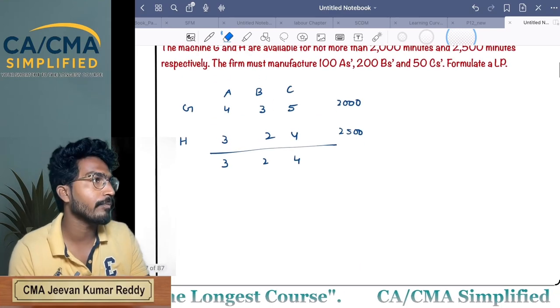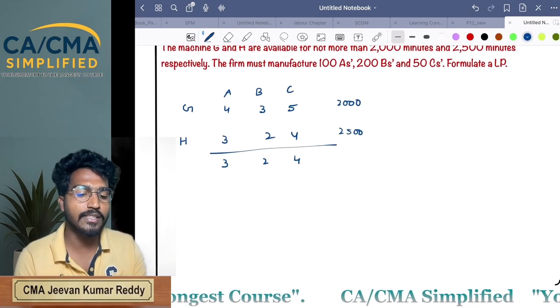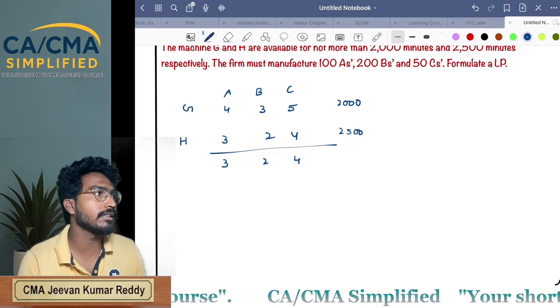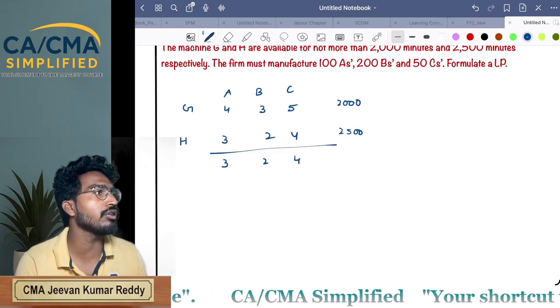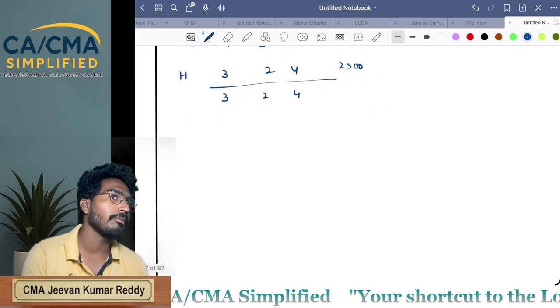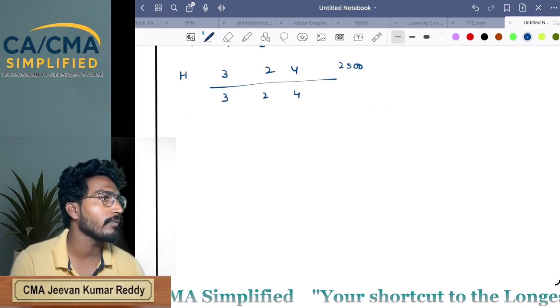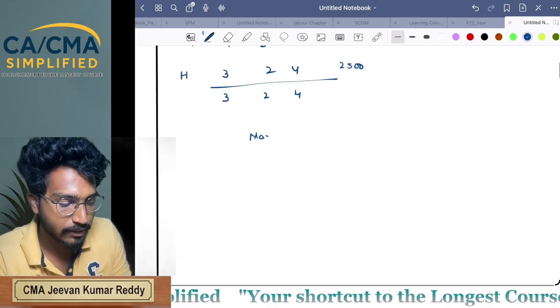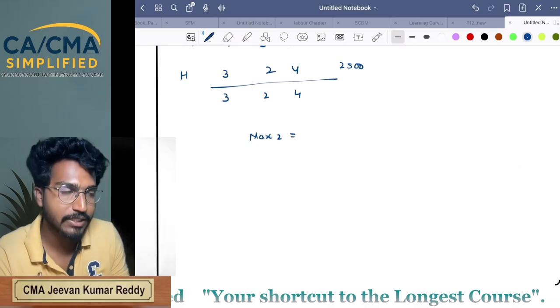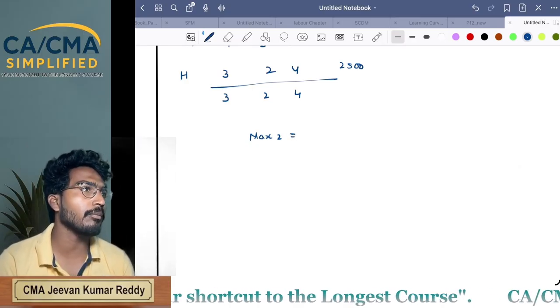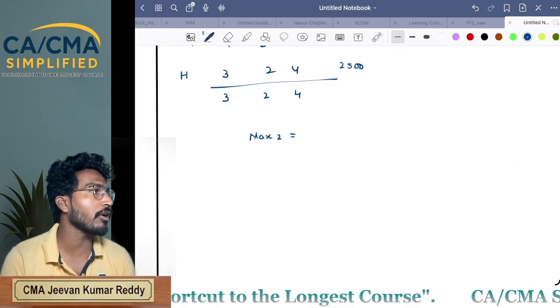That's it. Now, what is our objective? Here the data is given as profits. That means our objective is to maximize the profit. What is the maximization function? Max Z. That means we are maximizing the company profit. So how to get the company profit?